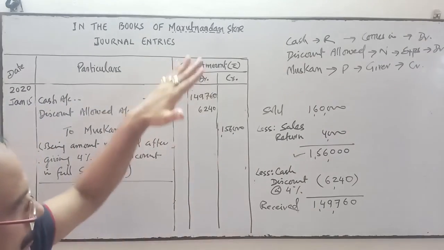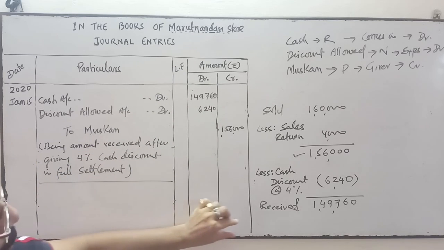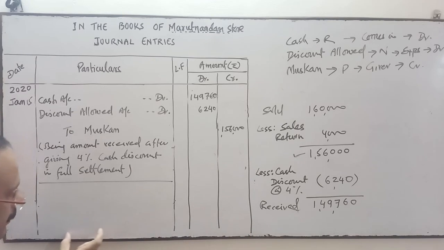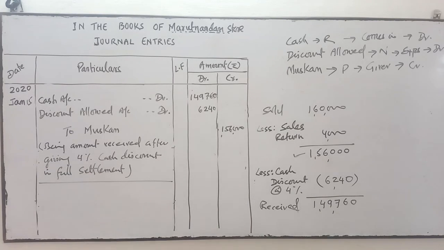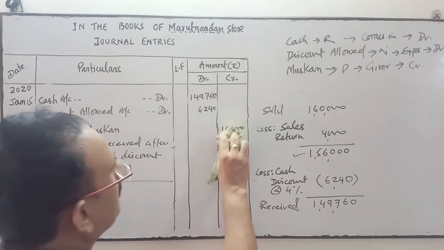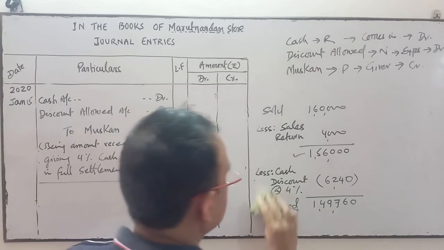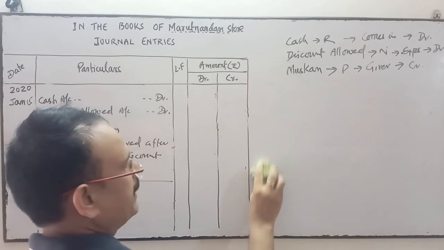When we do the total of one page, we do the total on both sides, and here we write balance carry forward. This you do on every page. Just once again I am explaining to you.